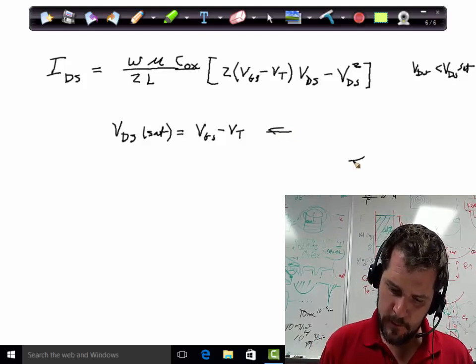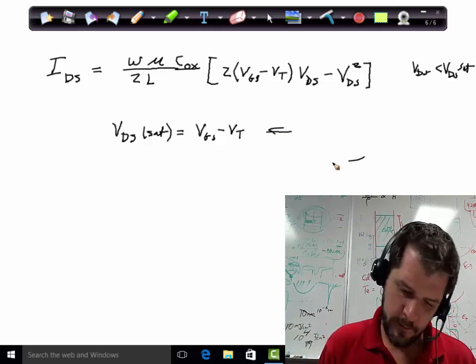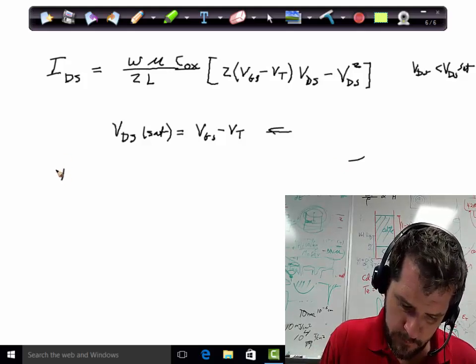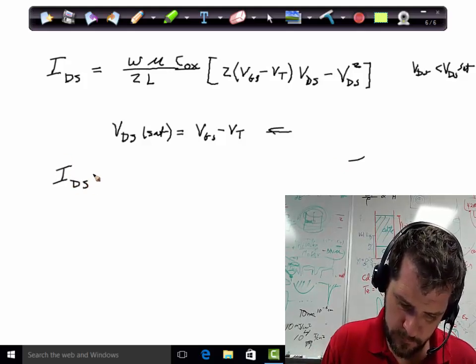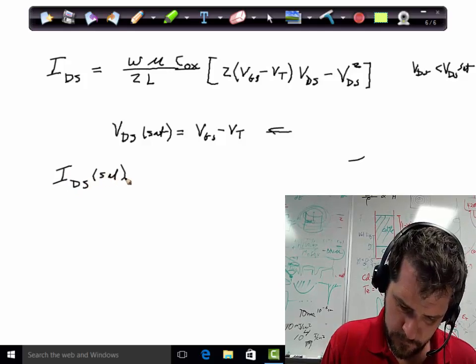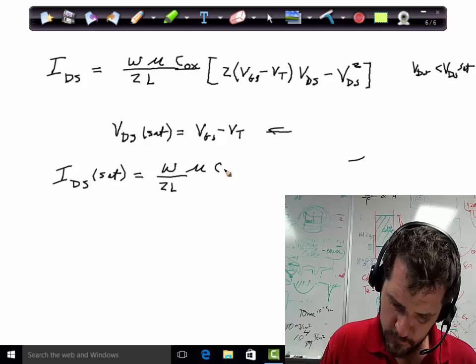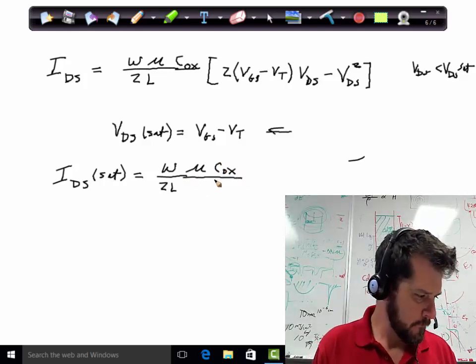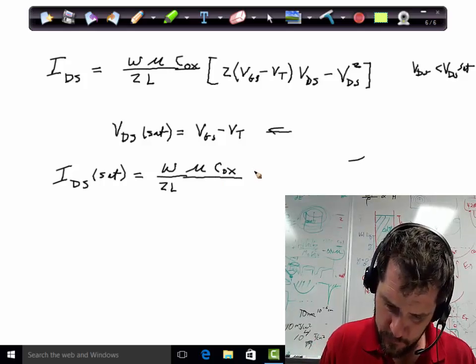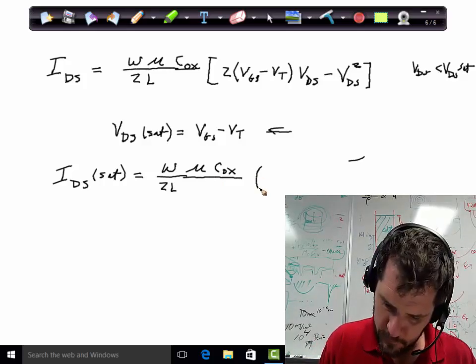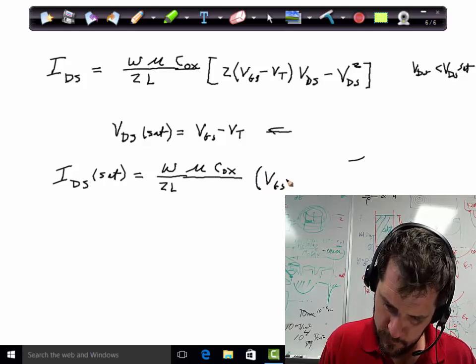So if we make that substitution back in and get the saturation voltage, we'll get the expression below. So we end up with W over 2L mu Cox, and then when we substitute back in, we just get VGS minus VT quantity squared.